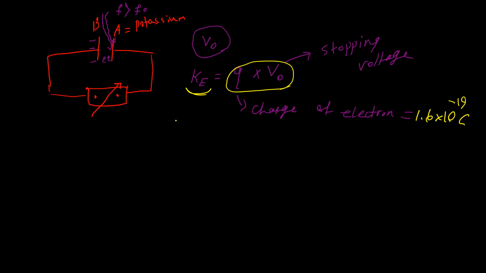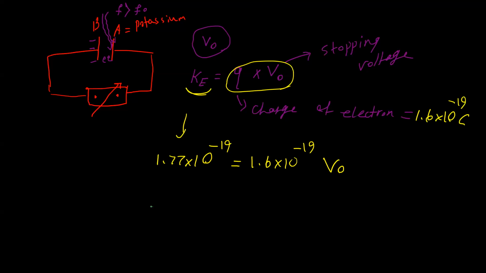Right, now let's see if we can find the stopping voltage. We calculated our K in the first part of the question, and it was equal to 1.77 times 10 to the power of minus 19. We know the charge of electron, 1.6 times 10 to the power minus 19, so we can find our V naught.